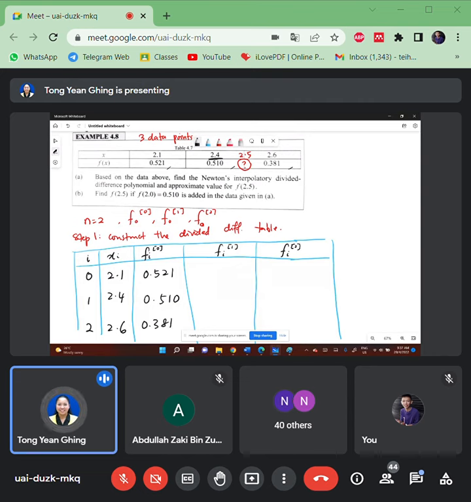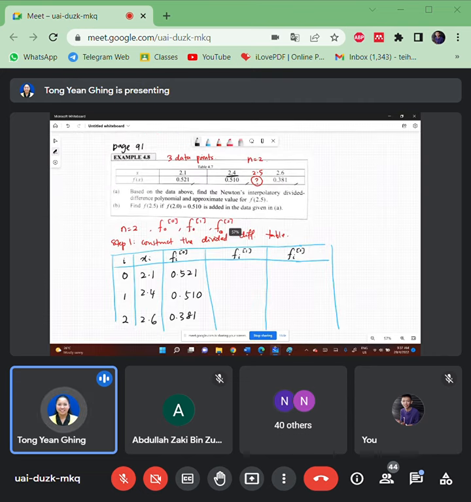Ini saya masukkan, I just take all this data, put in table. Okay, boleh, tak ada masalah kan, put in table. And this one, letak kat sini. This one is F2, letak kat sini.